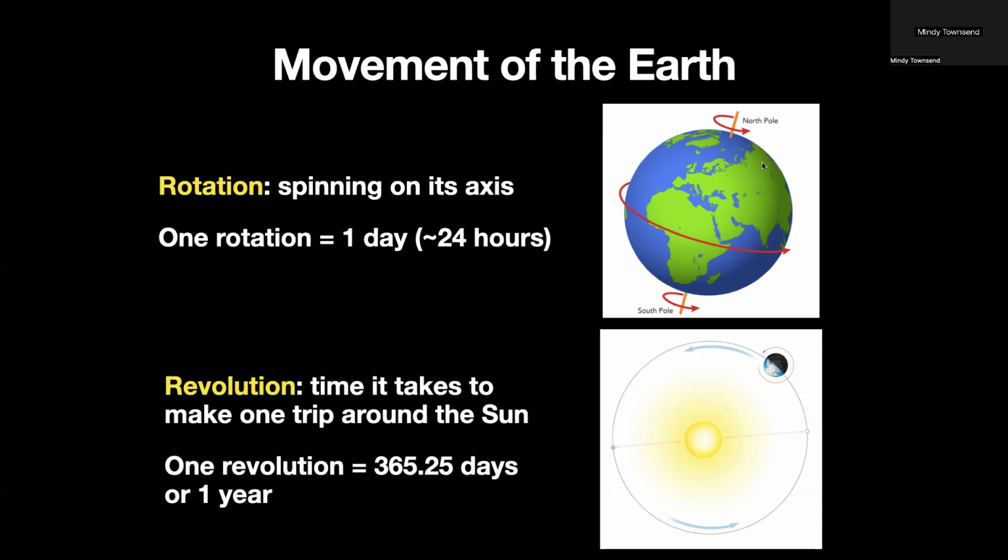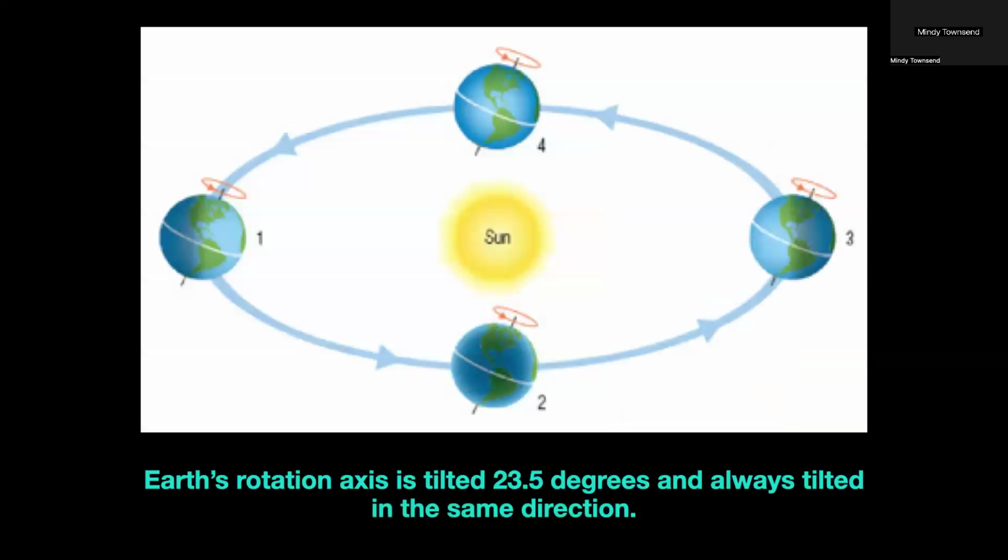So here we have just a diagram of the rotation of the Earth. And down here is a little schematic of how the Earth goes around the sun, but also spins itself. I want to note something about Earth's axis, right? This invisible pole on which the Earth spins. So it is tilted, right?